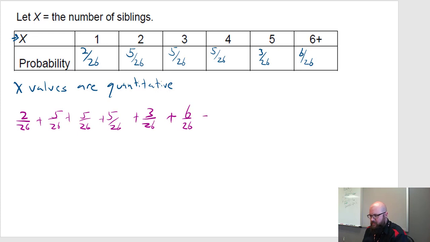If we did that, we would get, let's see, 5, 10, 15, and then 2 and 3 is 5, that's 20, and then 20 plus 6 is 26. We would get 26 over 26, which gives us 1. So we checked that off. We have all the probabilities between 0 and 1, and they all add up to the value of 1.